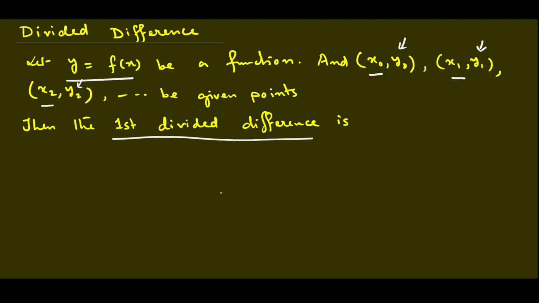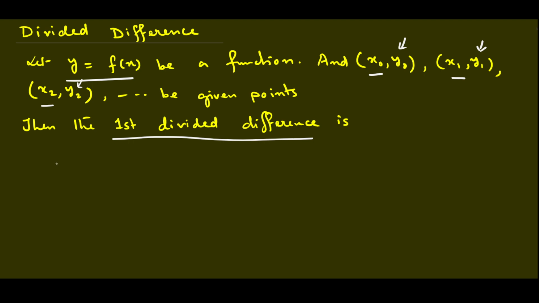I think in the very first class you learned what is the forward difference operator. There also we learned first differences, second differences, third differences. But here we learn what is the first divided difference, then what is the second divided difference.